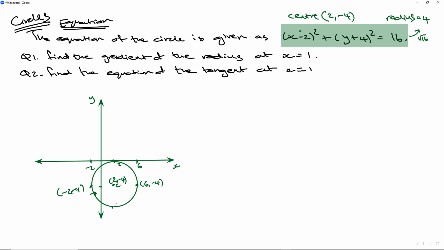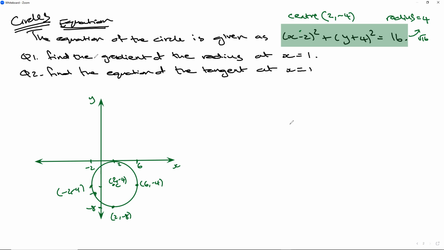And if I go all the way down, I know that that point will be 2. And if I go from negative 4 down, I'm going to go to negative 8. So that'll be 2 and negative 8 all the way down that way. Okay, so that's just various points to give me a guideline on what my graph would look like. It gives me a bit of a diagram that can help me understand the first question itself.